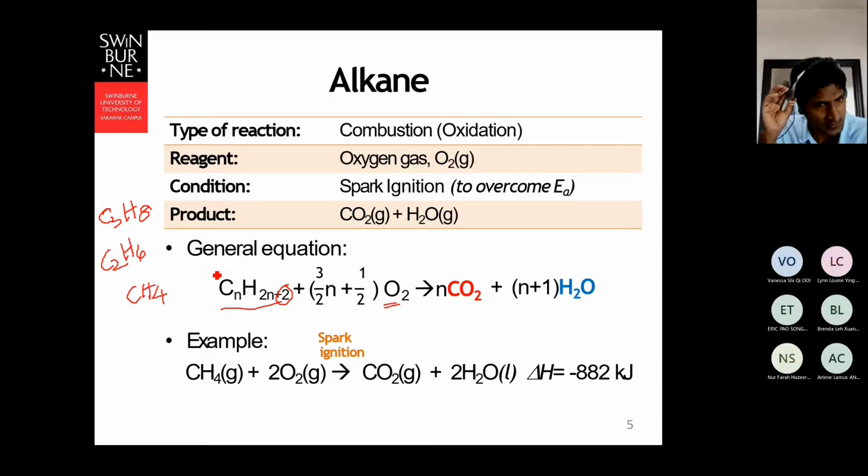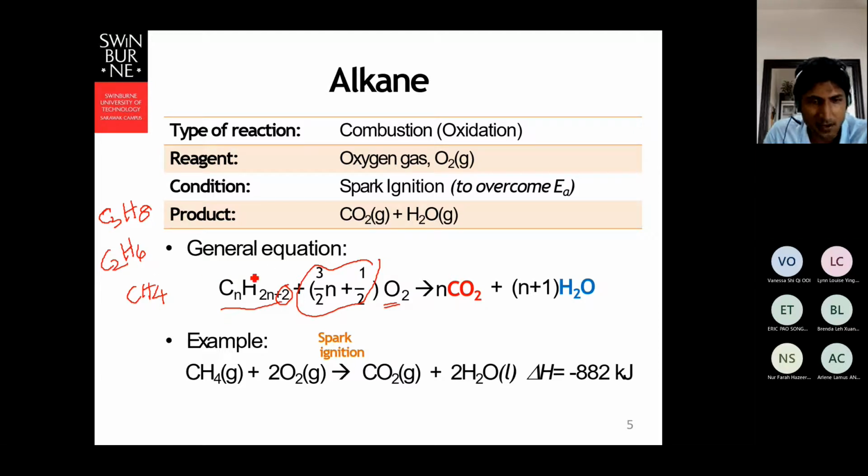You can hear me, I think, yeah. So this alkane reacts with oxygen in a stoichiometric ratio of (3n+1)/2, where n is the number of carbons.